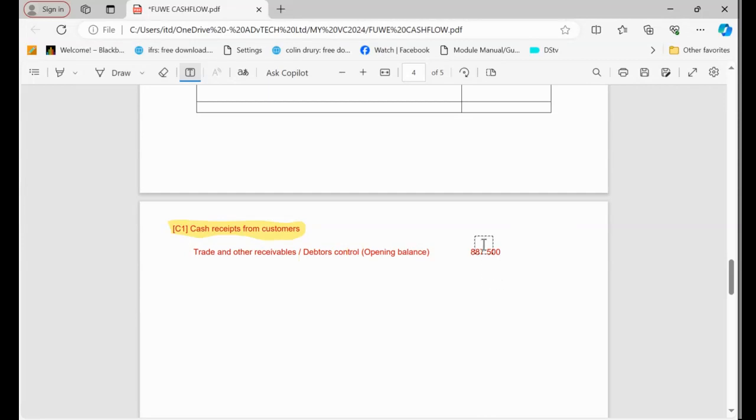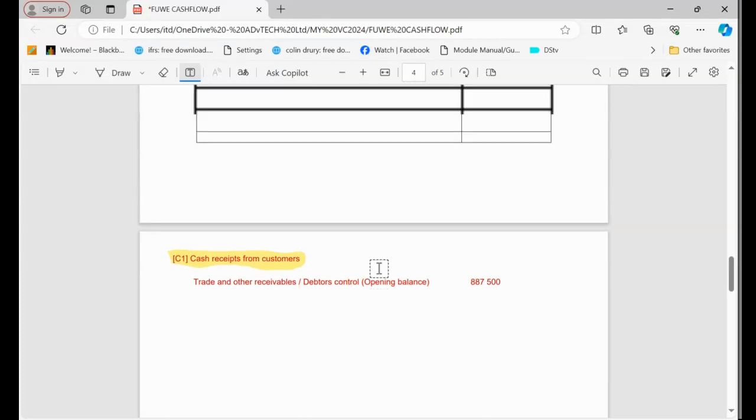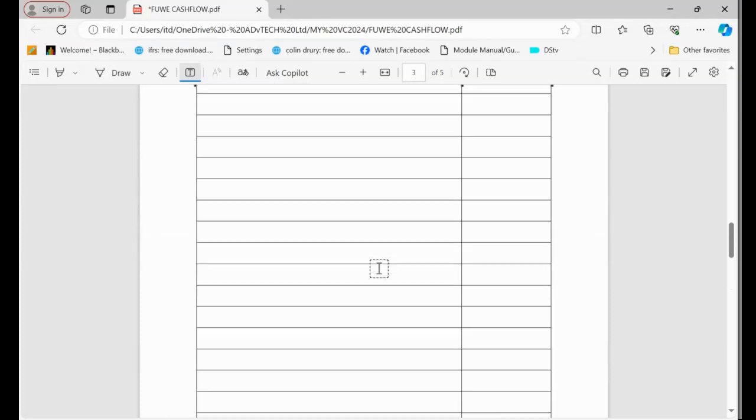That's why we're in business. So if they owe me 887 and I sell to them, it means I must go and check my sales, whether I sold during the period or not. So I must check if I sold to my debtor. So I'm gonna go up there and check if I made any sales.